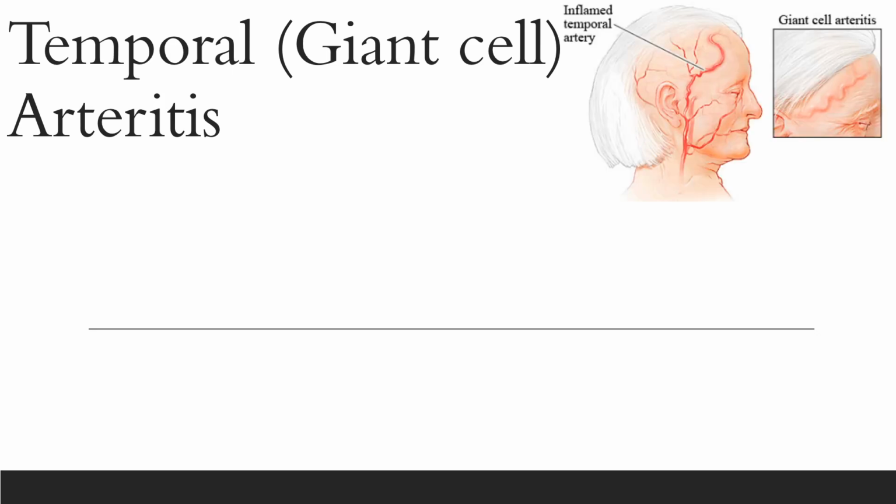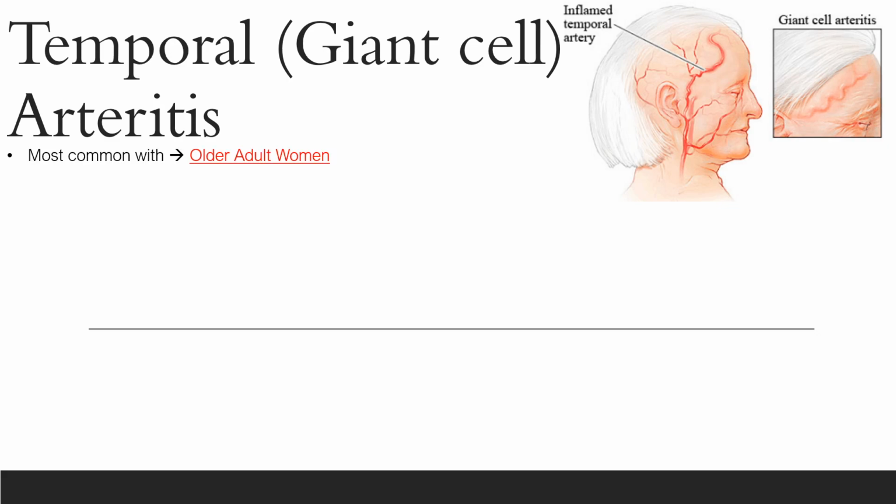It's called temporal arteritis because it affects the temporal artery, right? I want you to think of this picture every time you think of temporal or giant cell arteritis, and think giant, because when you have pain in your temporal artery, it'll give you a giant headache.